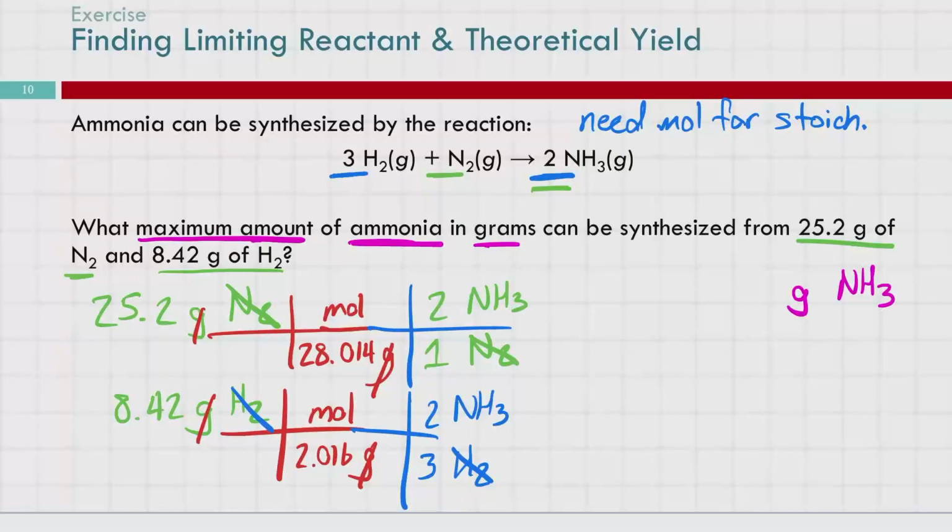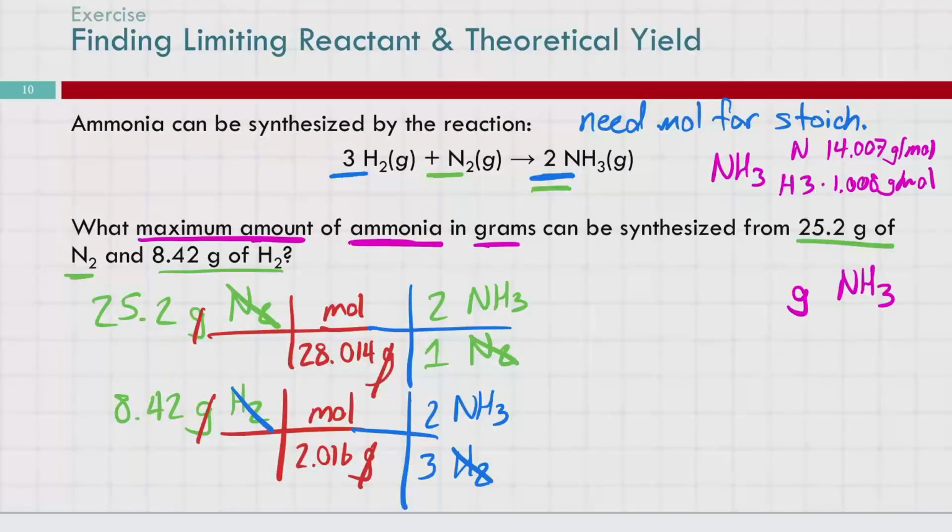Cool. We are going to go another step though, because we have to get to grams of NH3. So we also need a molar mass for NH3. For NH3, we've got a nitrogen, and we've also got 3 hydrogens. So our calculation should look something like this.